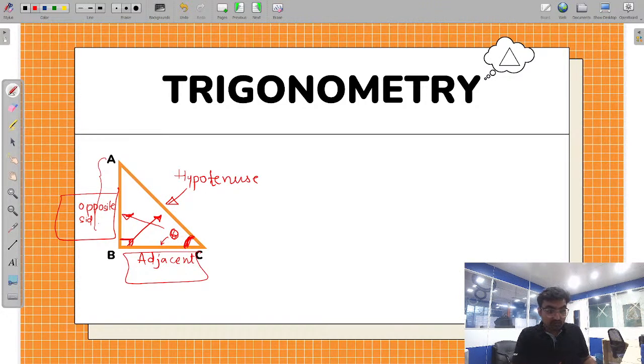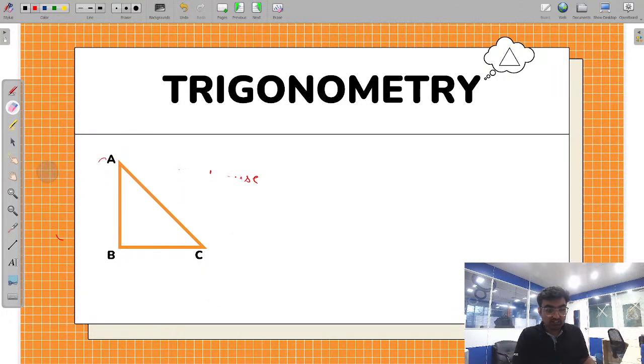Now one more thing you have to notice. Let's say that I changed the angle. Now I'm talking about angle A. I'm talking about A as theta. Now BC becomes the opposite side, correct? BC is the opposite side and AB is the adjacent side, because it is adjacent to the angle.